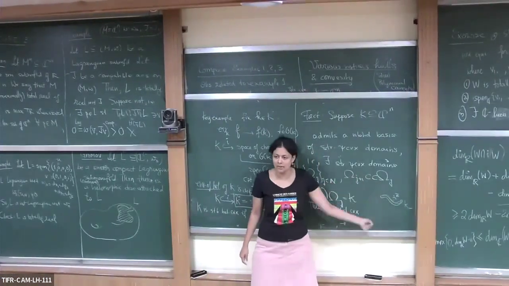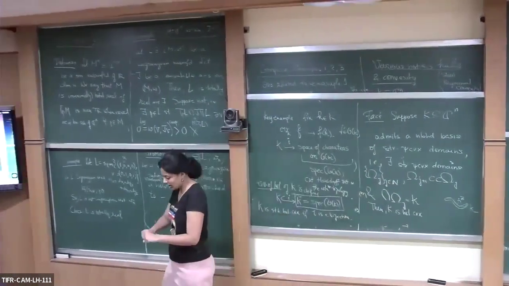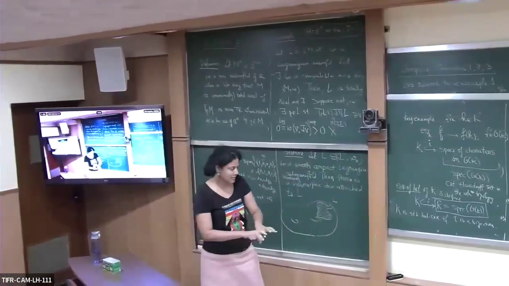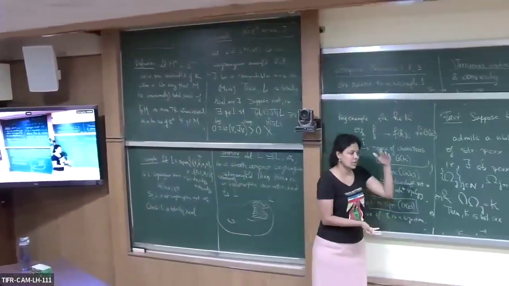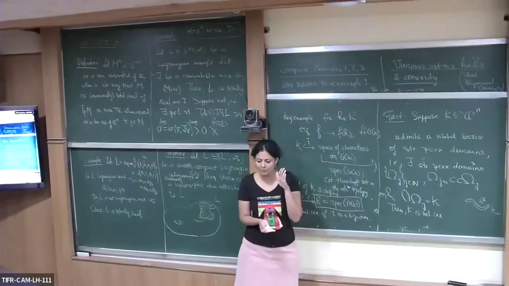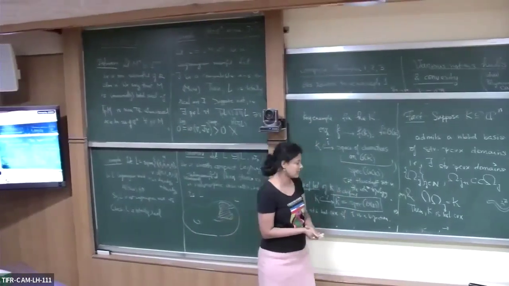They're going to come from these omega j's. You're basically squeezing your set between strongly pseudo-convex domains, and you prevent analytic continuation.